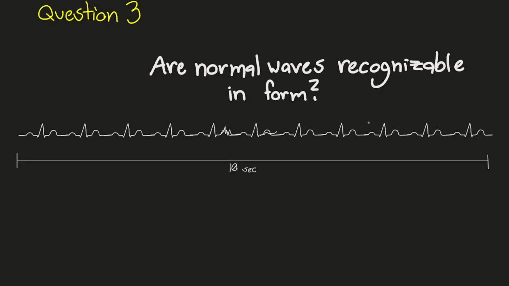You would be able to see some of these questions in play in later examples of blockages. But with normal waves being recognizable in form, it's just being able to actually pinpoint which wave is which.